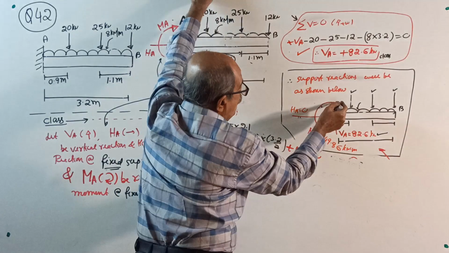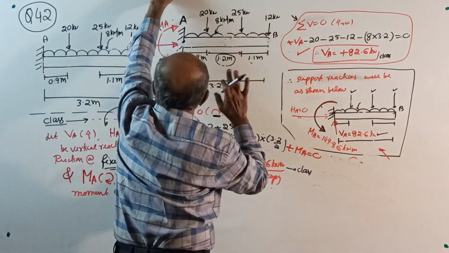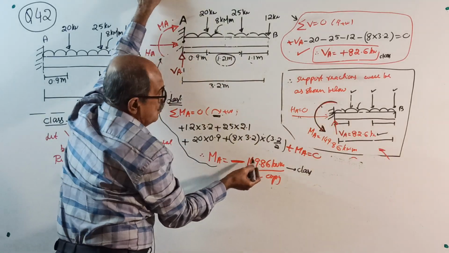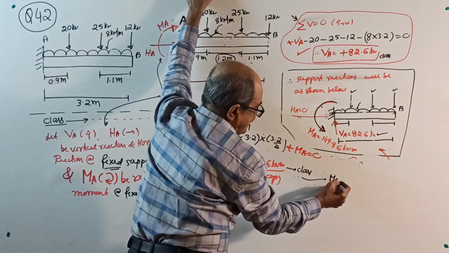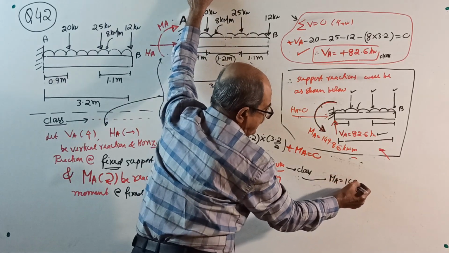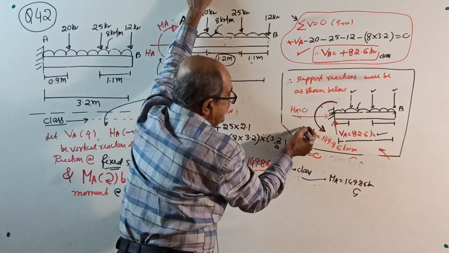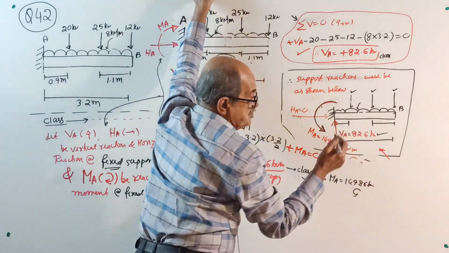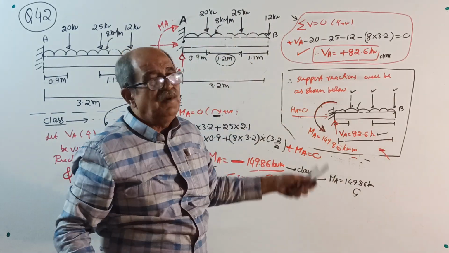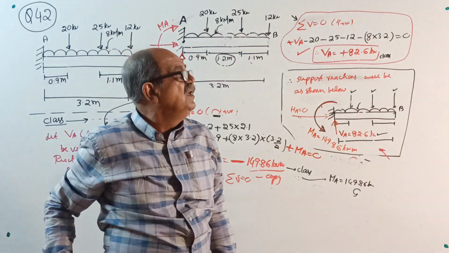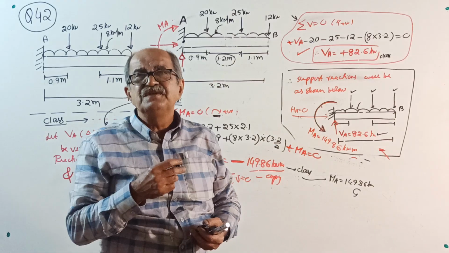So mark MA in anti-clockwise, but this time no minus sign. The real MA is 149.86 kN meter anti-clockwise. Enter this in the diagram and close the question. Today's class is over. Actually, this class requires only 2 minutes for those who understand everything.